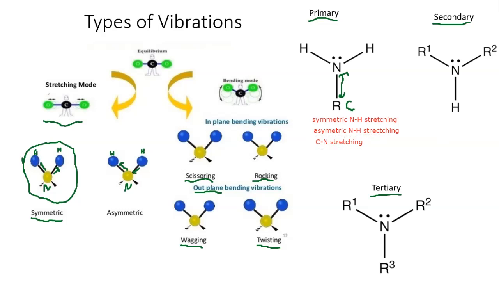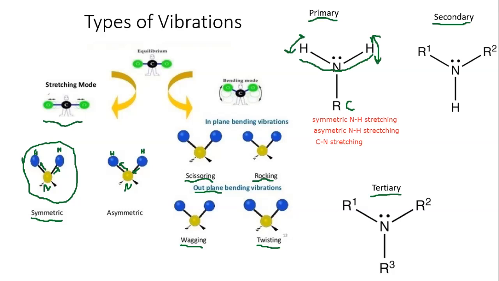Another thing you can have is what's called NH wagging. If we look at these three atoms here, those three bonds can bend out of plane. You have to remember this is not three-dimensional, but it looks something like this. So this NH bending can occur.